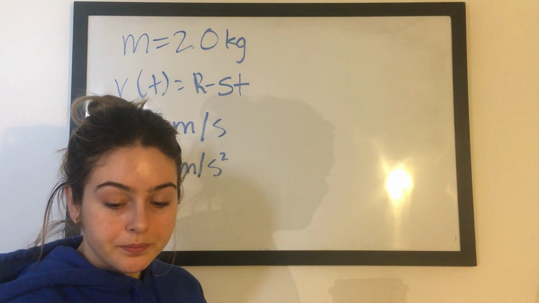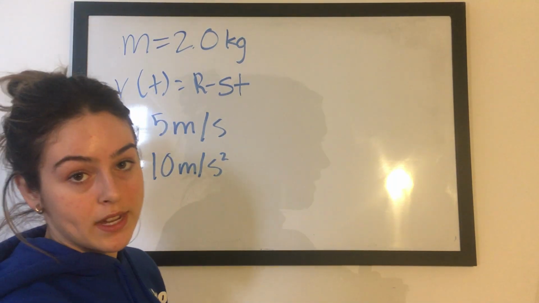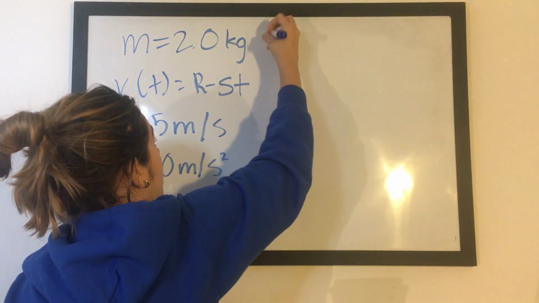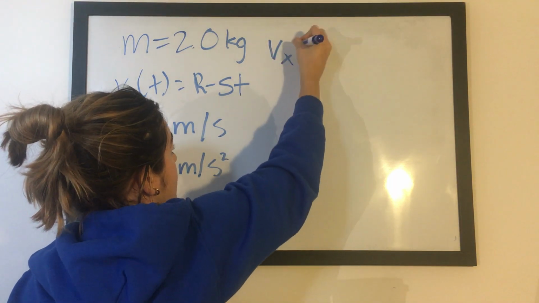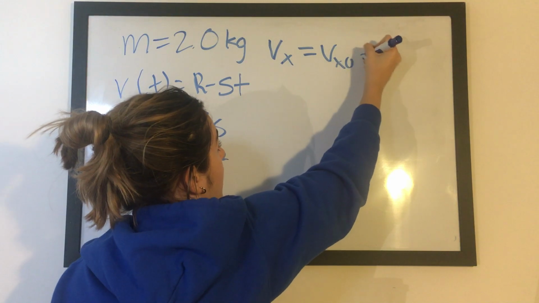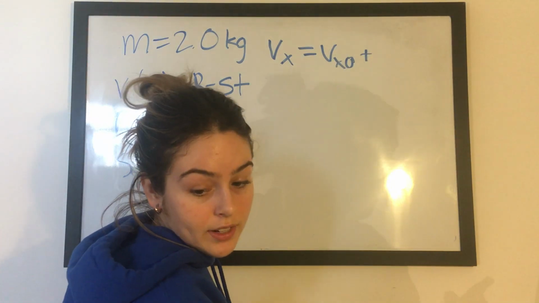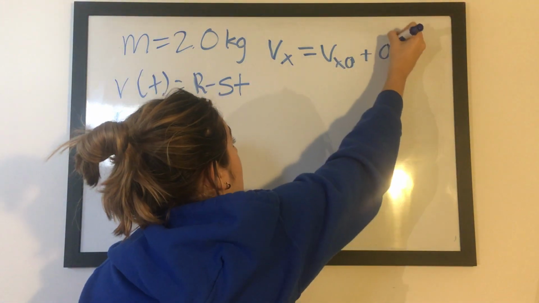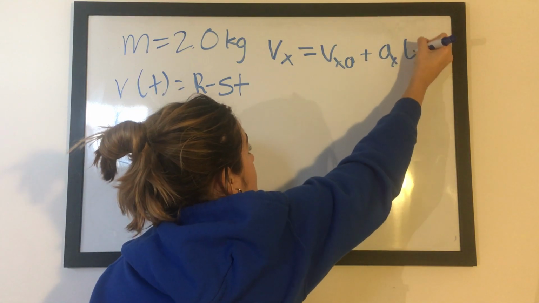So we know from the equation sheet that velocity in x is equal to initial velocity plus acceleration in x times time.